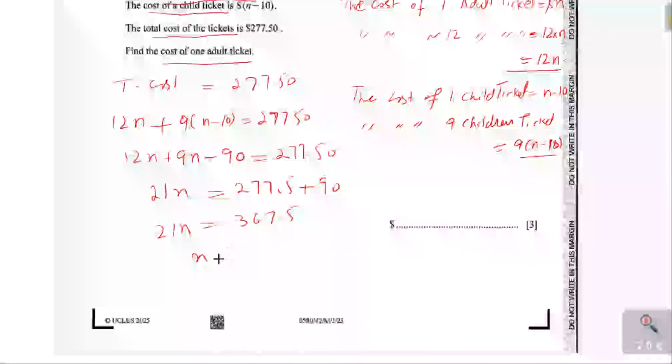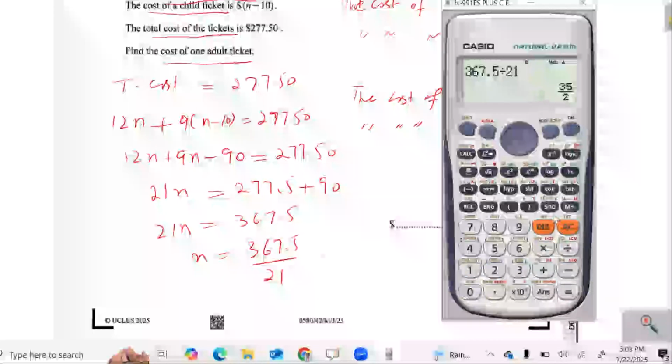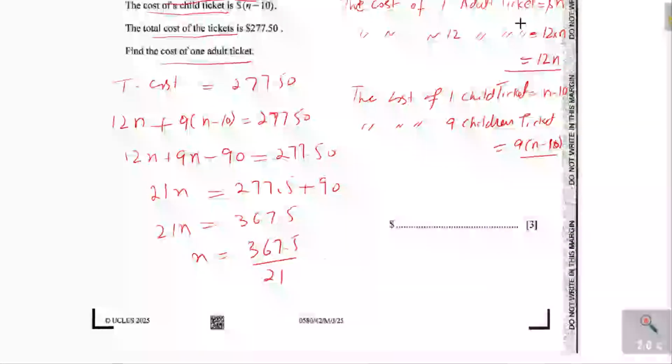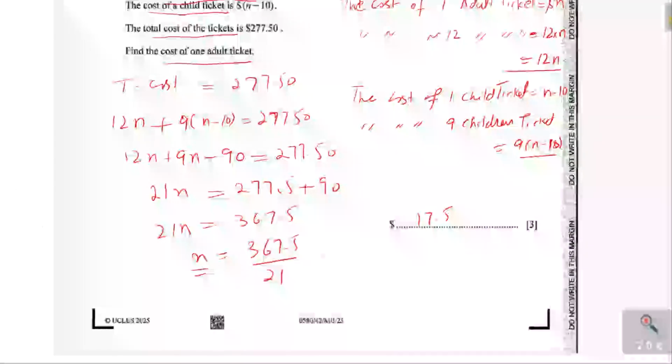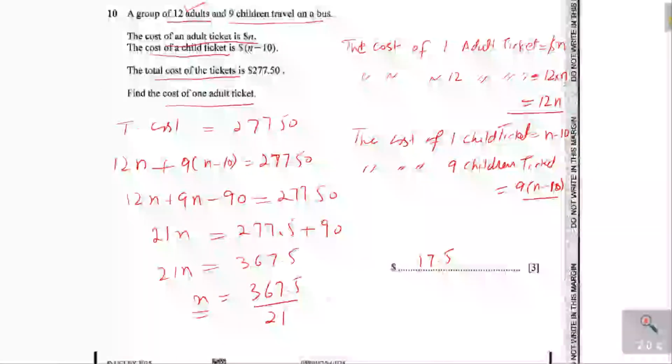N will be equal to 367.5 divided by 21, which is 17.5. 17.5 is the value of N, and N is the cost of one adult ticket. This is the answer.